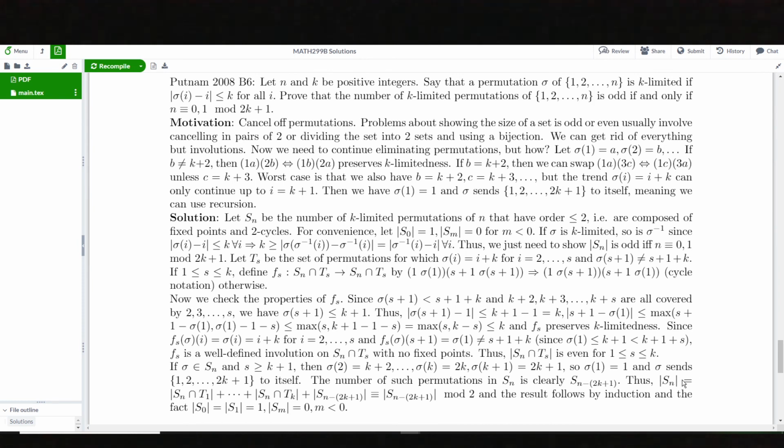So then we have the congruence S_n is congruent to S_(n minus 2k plus 1) mod 2, and we could just use induction. We could write n equal to a times (2k plus 1) plus b, and use division, whatever you want. But then using S_0 and S_1 is 1, and S_m is 0 for m less than 0, we get the result.